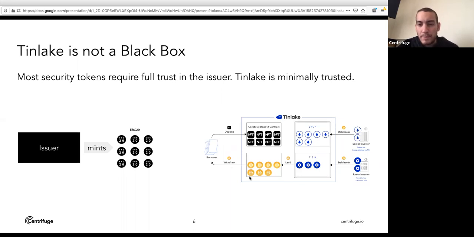By exposing this information on chain, hopefully you'll have a much better idea how to price them and what is really the underlying collateral behind the tokens that we mint here, that we want to sell to investors or use in DeFi lending protocols.